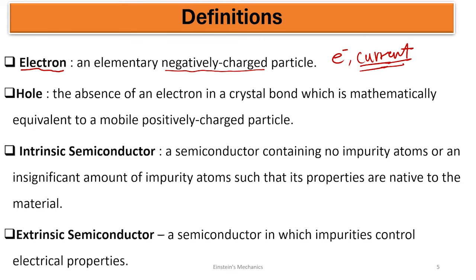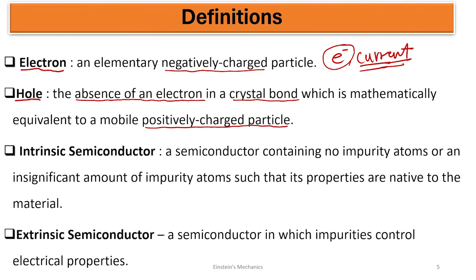electrons. Now we will also use the word hole. And anytime we talk about a hole, we are talking about the absence of an electron in a crystal bond. So anytime there's an absence of an electron, it tends to be what? It creates a hole. And that hole is a positively charged particle. Are we okay?